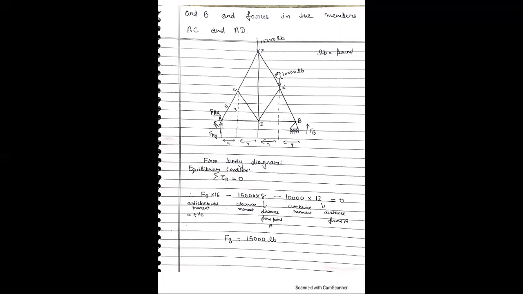Minus at point F 15,000, clockwise direction, and the distance from point A is 8, minus 10,000 into 12, distance from A is 12, and this is equal to 0. Solving this equation, the value of Fb is equal to 15,000 lb.